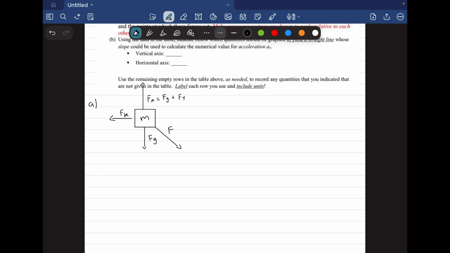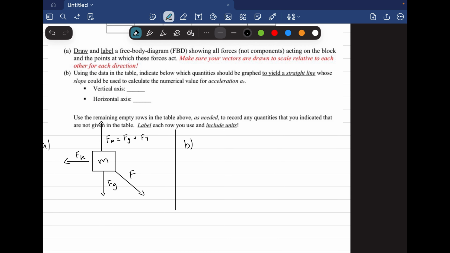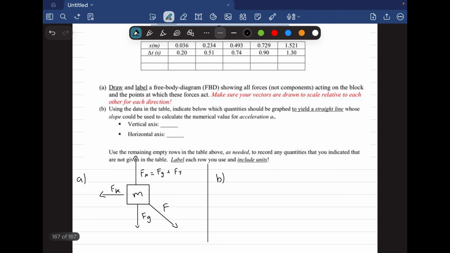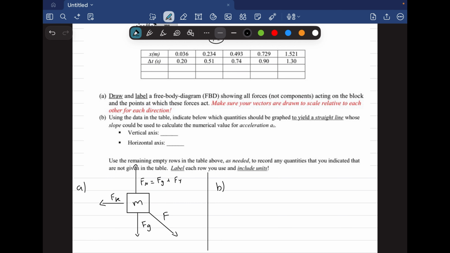And for part B, I'll do it over here. Using the data in the table, indicate below which quantity should be plotted to yield a straight line for acceleration, right? So I see x and t.